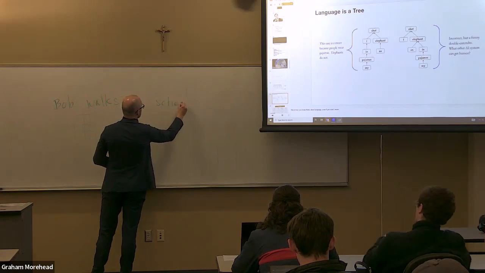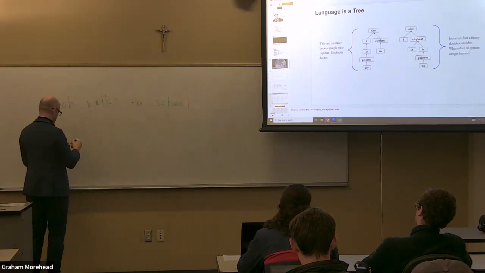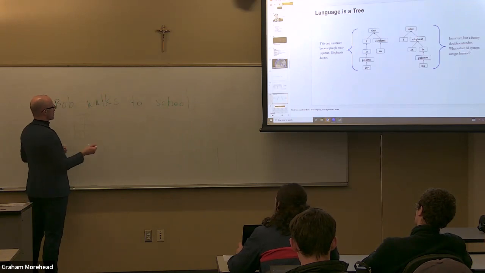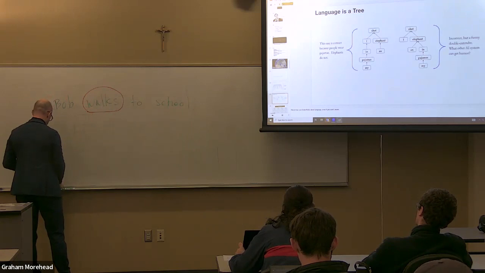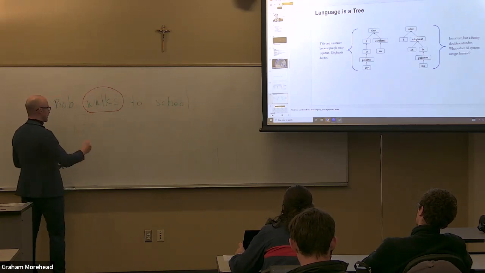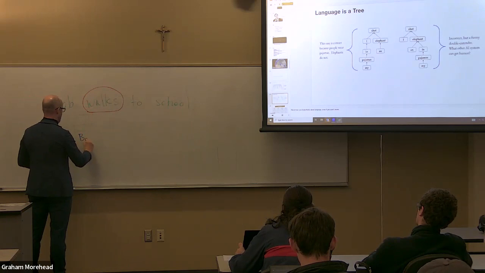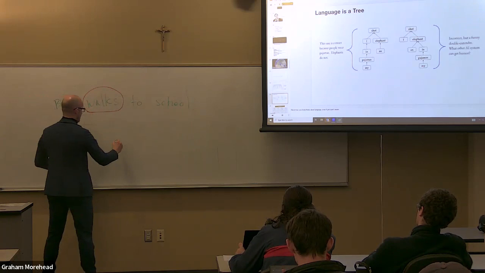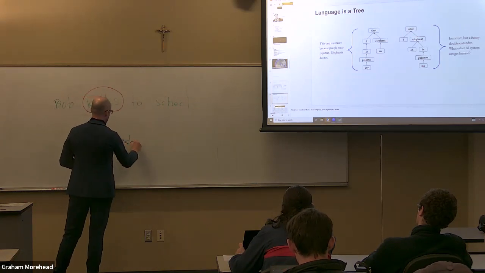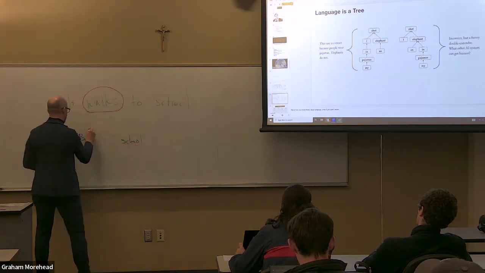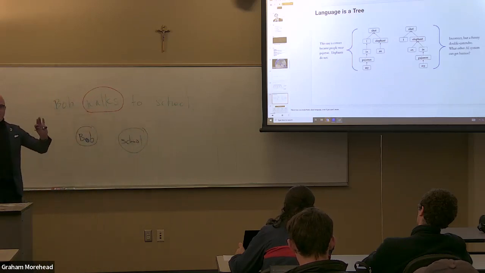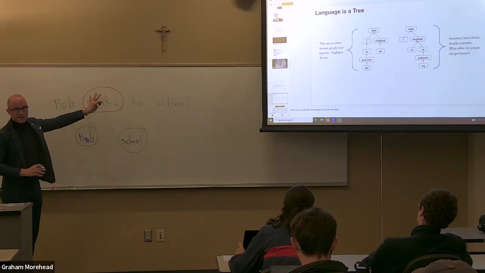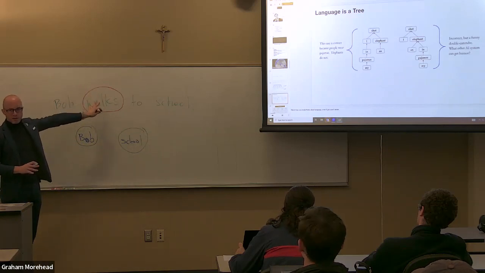Say, Bob walks to school. Well, this is your main verb here, walks. And you're going to have Bob, and you're going to have school. The fact that it's to school is actually, meaning-wise, encased in the idea of walks.